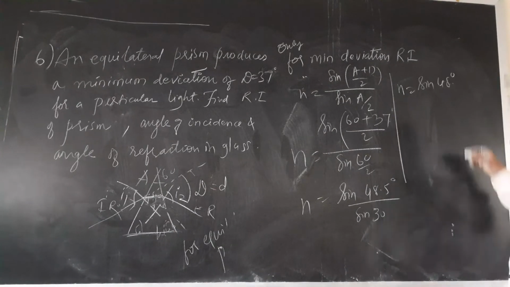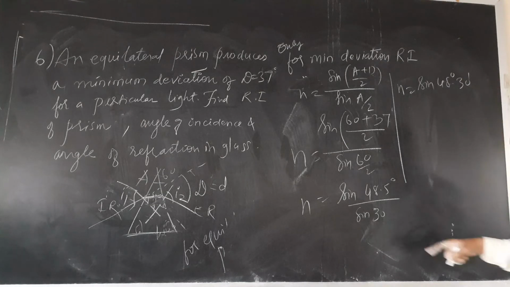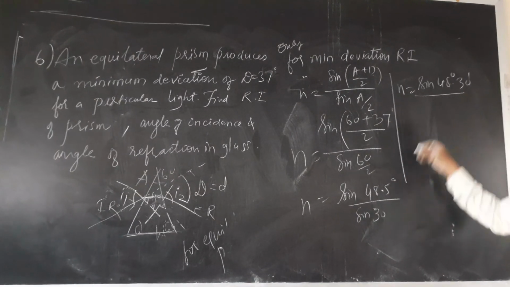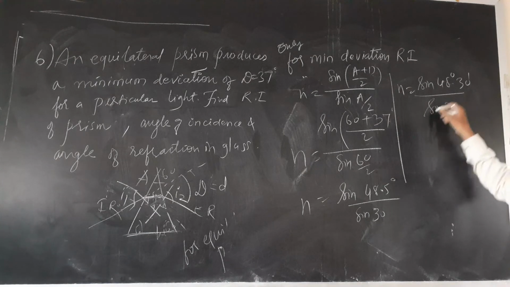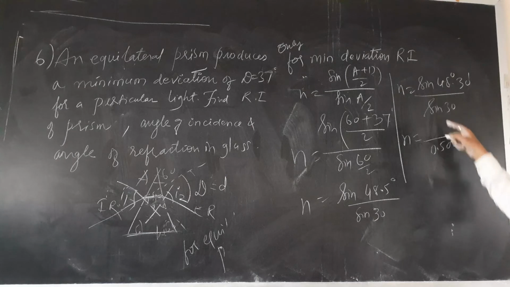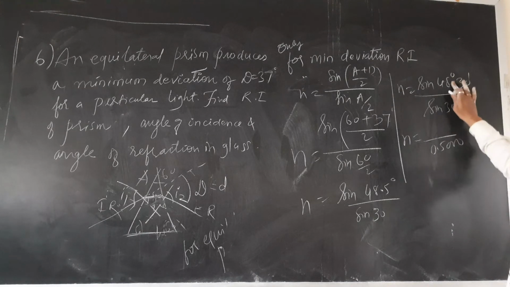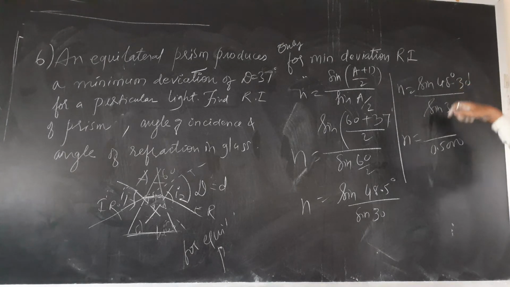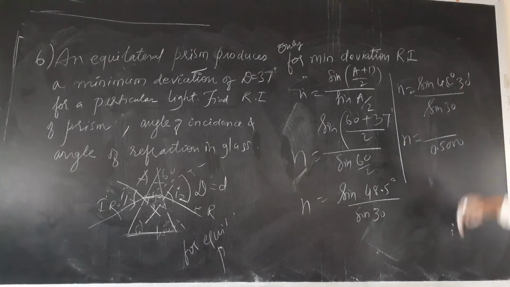So you put 30 minutes here, divided by sin 30. Sin 30 is 0.5 or half. 48 degrees 30 minutes. It is not a dot, please. 48 degrees 30 minutes.